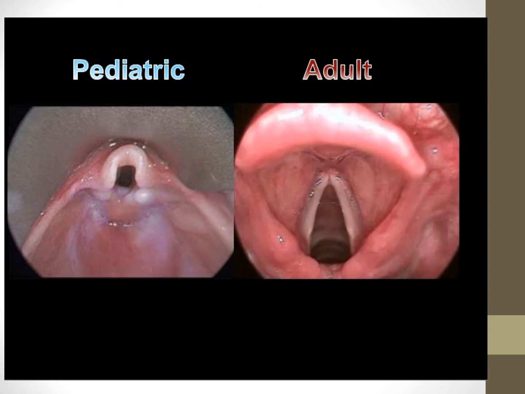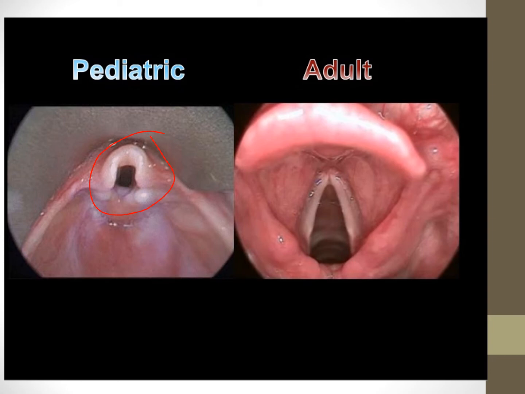The pediatric and adult differences, you need to pay attention to this. The smallest part of the airway for an adult is going to be the glottis. It's going to be that glottic opening, right? The cricoid cartilage, that area below the vocal cords, is the smallest part of an airway for a kid, and we covered this in pulmonary A&P.